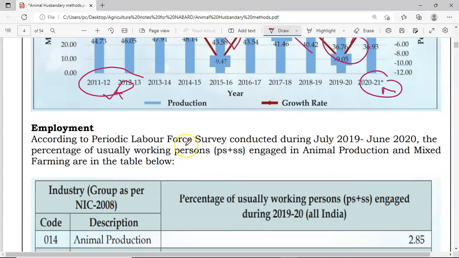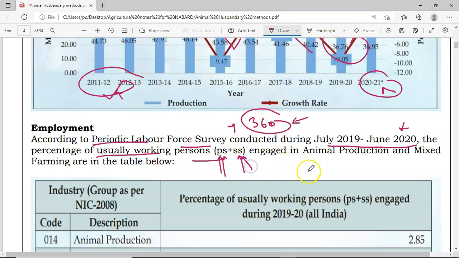Now, I was telling you that this livestock census was playing a greater role in employment generation in our country. According to this Periodic Labour Force Survey, conducted from July 2019 up to June 2020, the percentage of usually working persons, that is the primary status and subsidiary status, the difference is that if a person is working 360 days before the preceding of this survey, then this is known as the primary status.